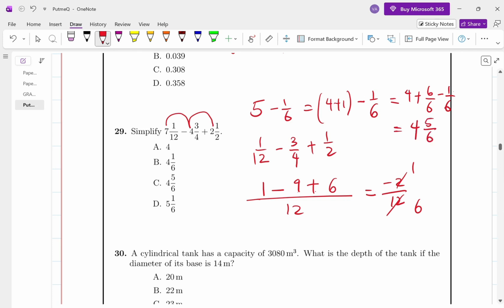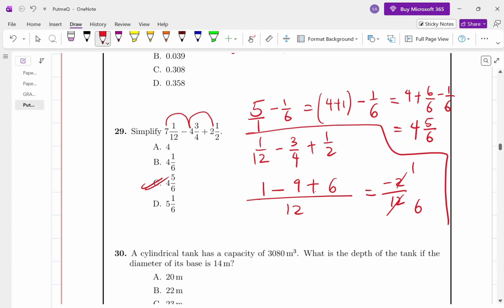This approach might be a little bit confusing, but it's actually not. You could also decide to take LCM here, put one over 1 here. But what I just did was, I know that 5 is 4 plus 1. Then 1 is actually 6 over 6. So that I can easily do 6 over 6 minus 1 over 6 to give me 5 over 6. So the answer is C.